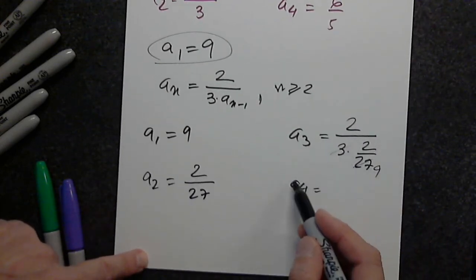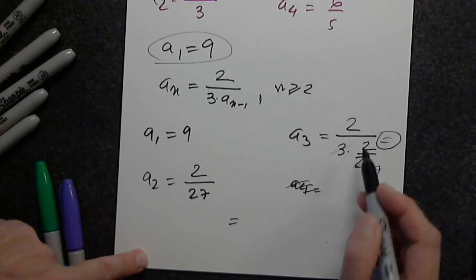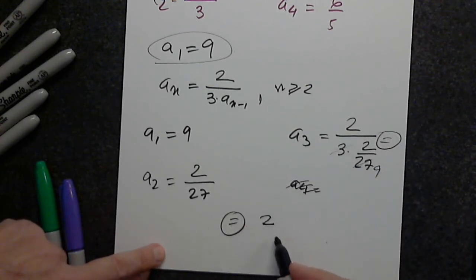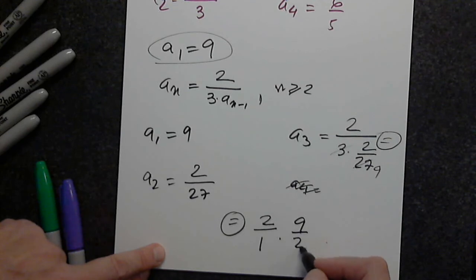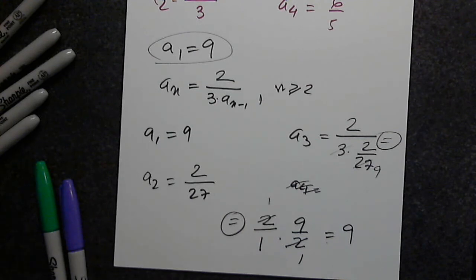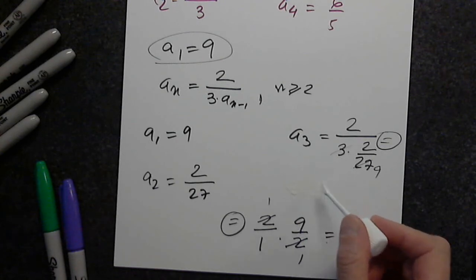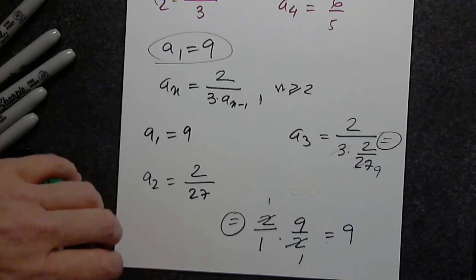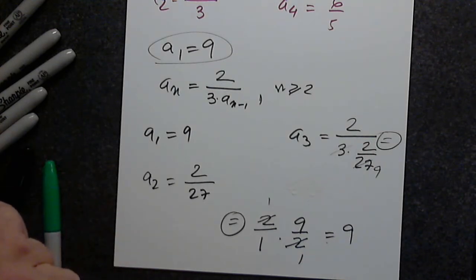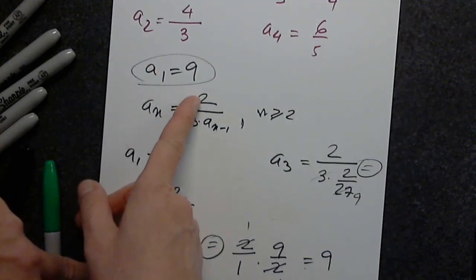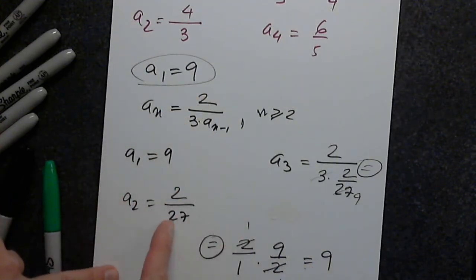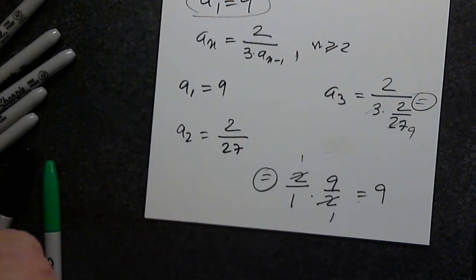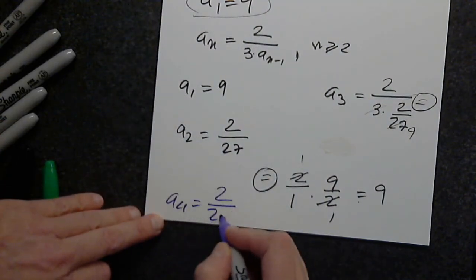So for A3, I have 2 divided by 1 times 9 divided by 2, and it simplifies quite nicely. And I get, for A3, 9. Any questions on this? Any questions? And now A4. A4 will be 2 over 3 times 9, so it's going to be the same number. So A4 is 2 over 27.